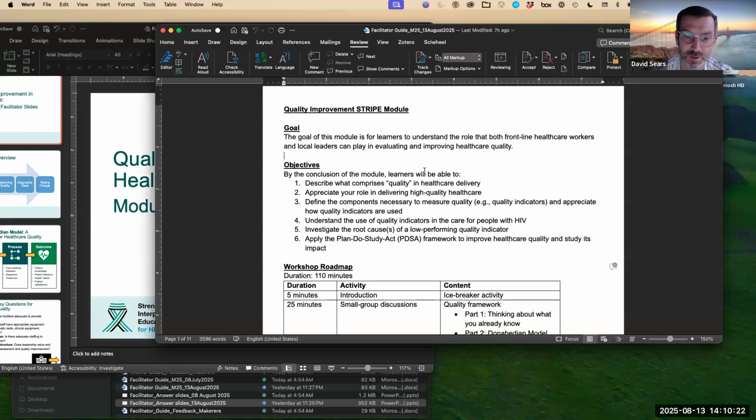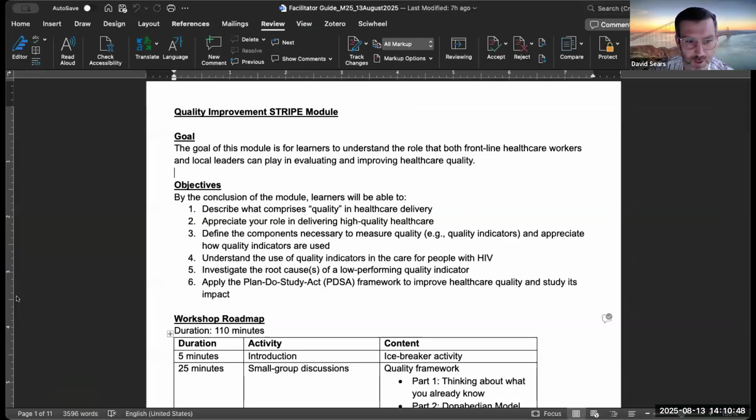The learner guide will not have some of the facilitator-specific notes, which you may see today, and which guide the facilitators in how they will teach the learners. So let me change the way that I share. We'll just start by focusing on the facilitator guide.